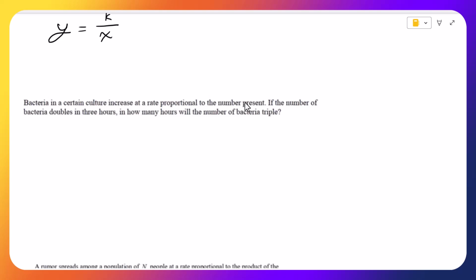So did it load? Sorry, I was waiting for it to load and it wasn't loading. There we go. So our bacteria. And then the next thing we have is that it increases at a rate. Rate is our key word. We've talked about this before. What does rate mean? Well, rate means it's our derivative.